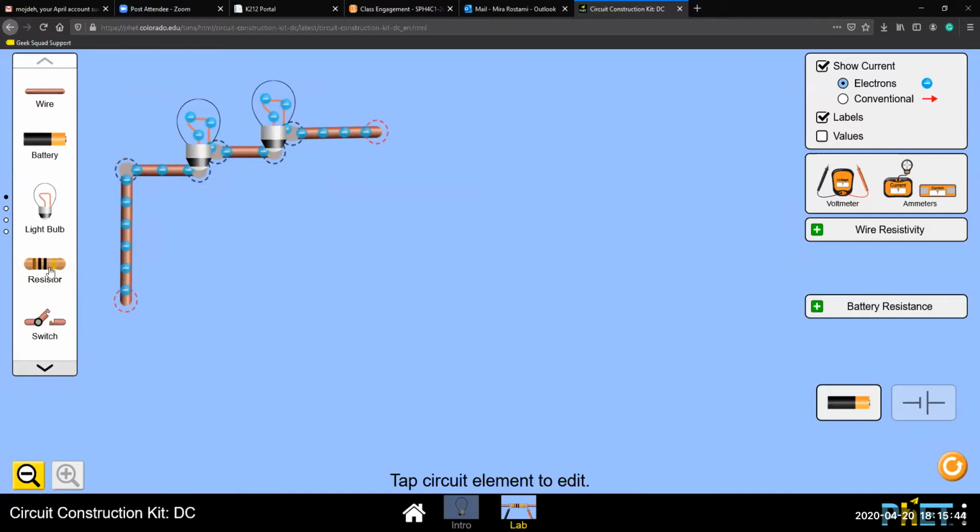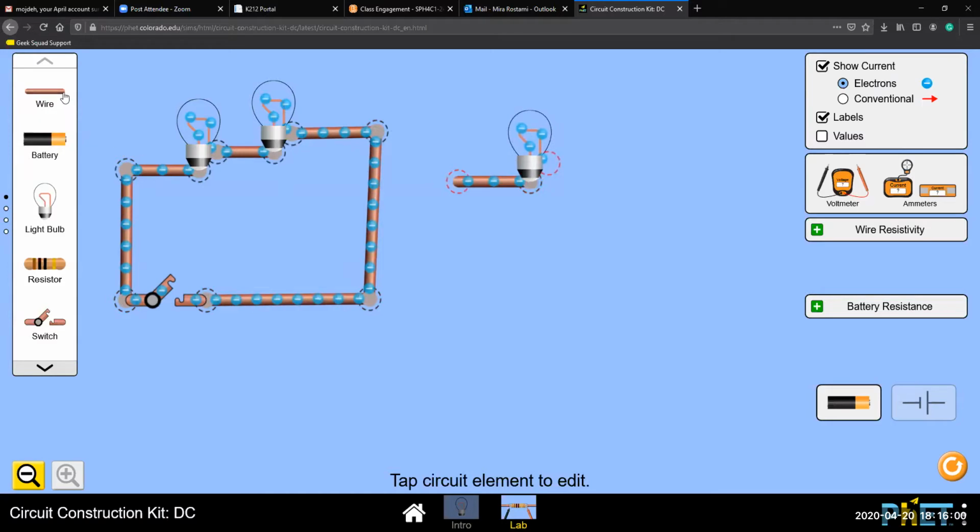And put a switch, another wire. So that's one circuit. Then I'm going to build another one. Put one switch here.